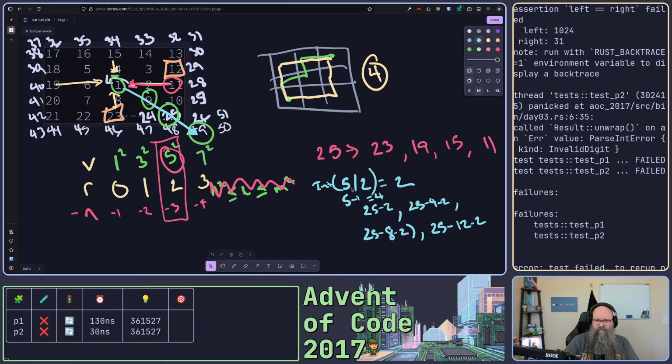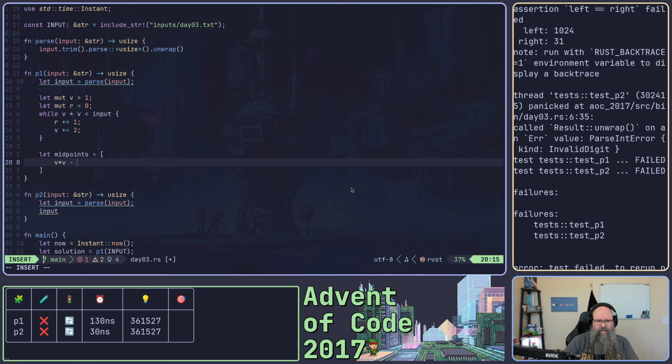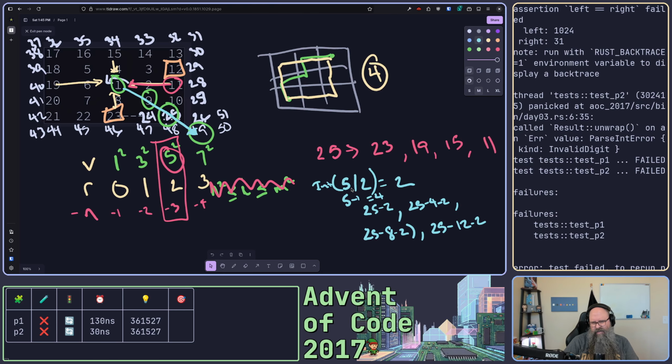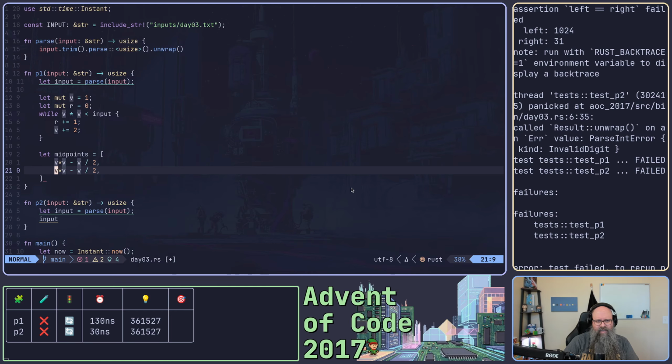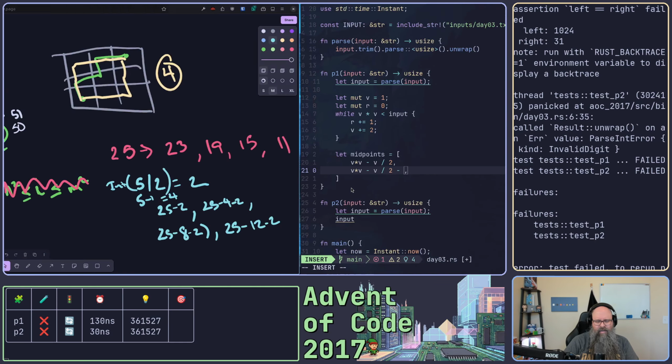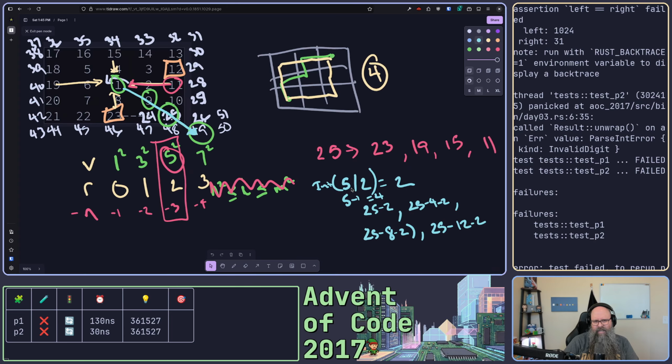V times V minus V divided by 2 for the first one. I think that's right. And then the next one's going to be V times V minus V divided by 2 minus the offset, which is V minus 1.